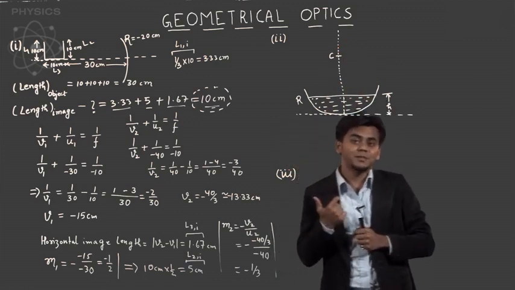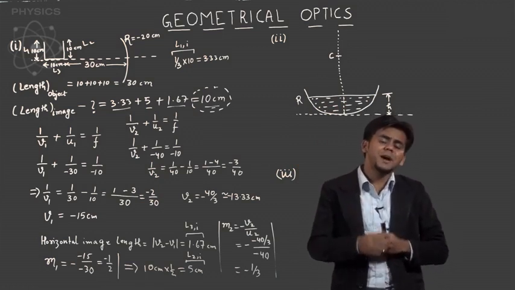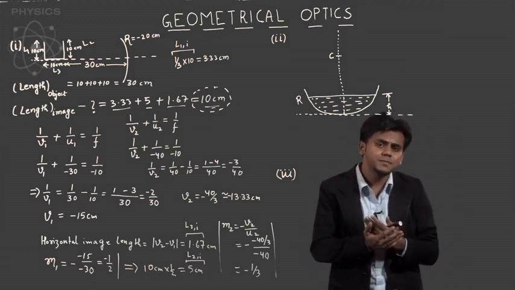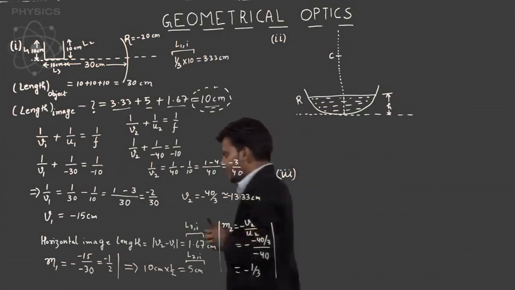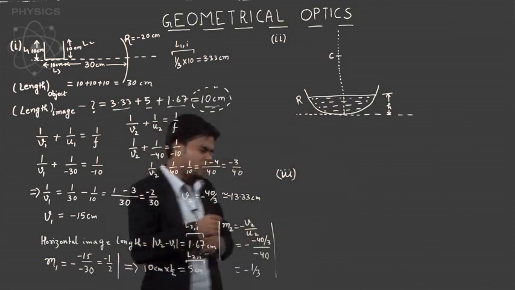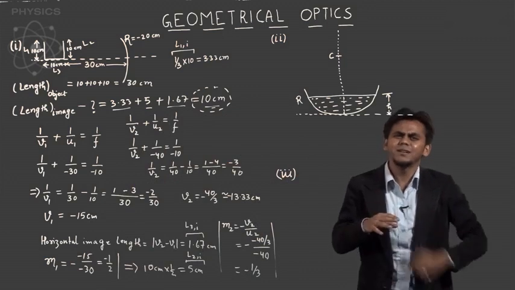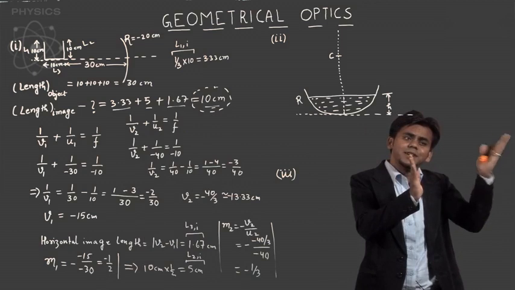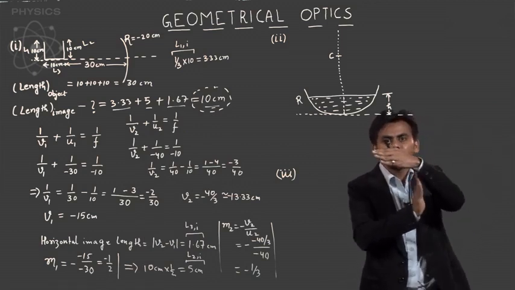Now think through again. If the image has to be formed on the object itself, my rays should retrace their path. Only then it is possible. If rays are not retracing their path, why would the image be formed on the object? There's no point, right? My ray would go to some other point. But if my ray returns in the same direction, retracing, I'll again reach the object.